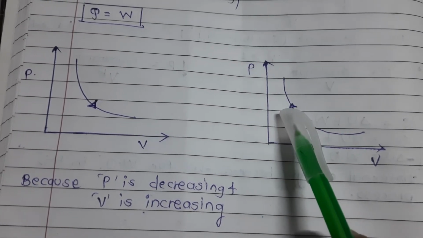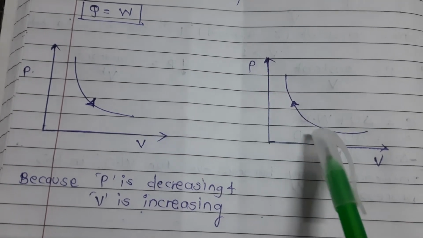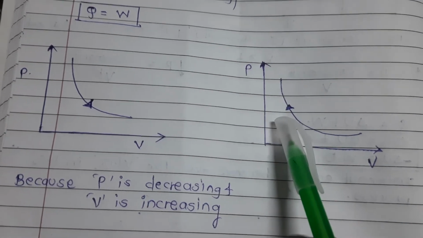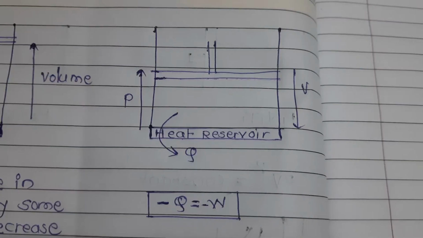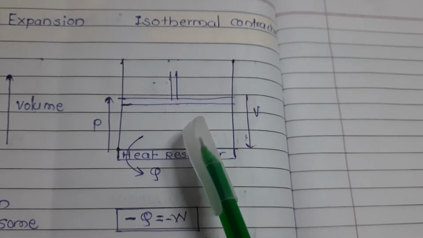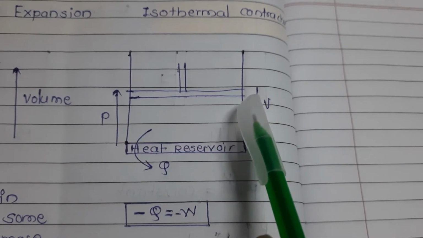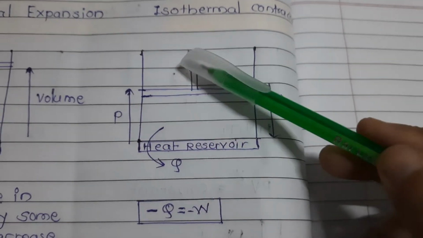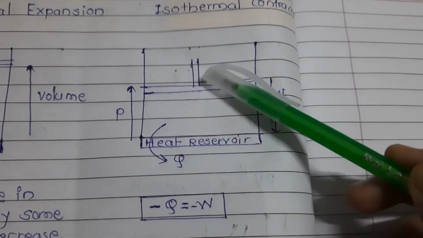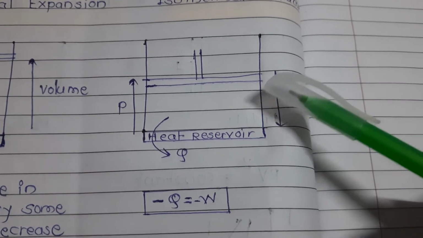In isothermal contraction, pressure becomes high and volume decreases. For isothermal contraction, when pressure increases and volume decreases, it means the piston moves downward.